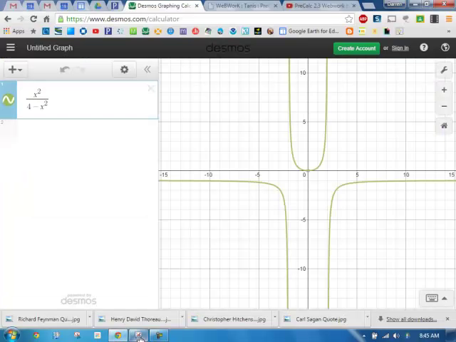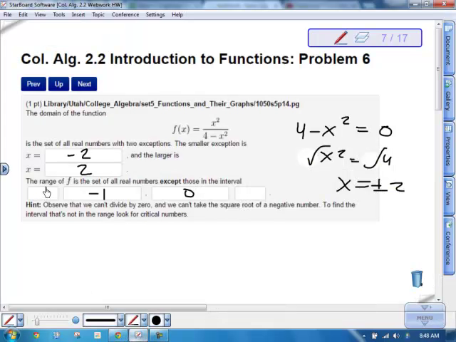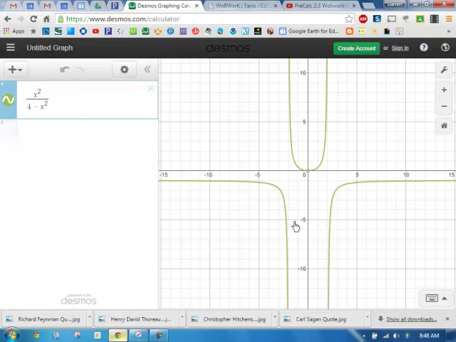And let's see what kind of brackets we want here. I would actually use a bracket here. If you look at the graph, you can see that -1 is a place where the function's undefined.